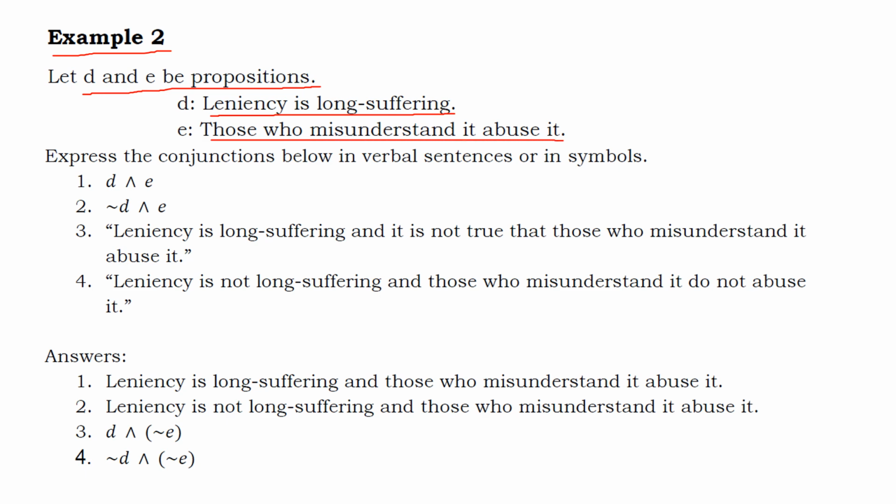That will be your proposition for letter E. Now, express the conjunctions below in verbal sentences or in symbols. We combine these two propositions using the logical connector conjunction to provide a new truth value for D and E.